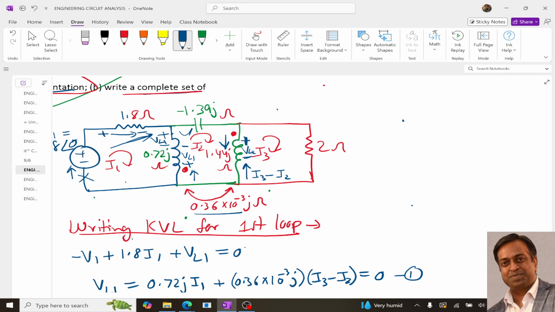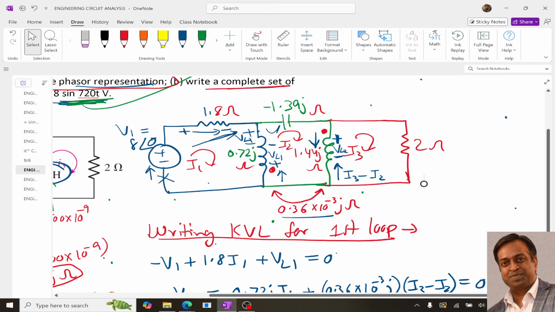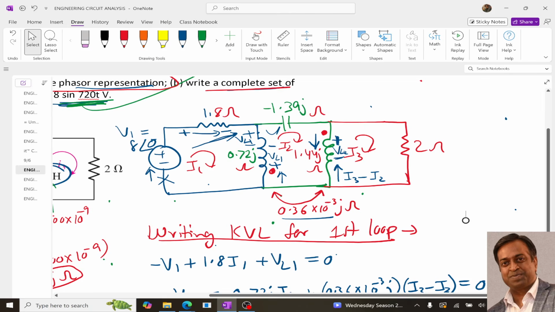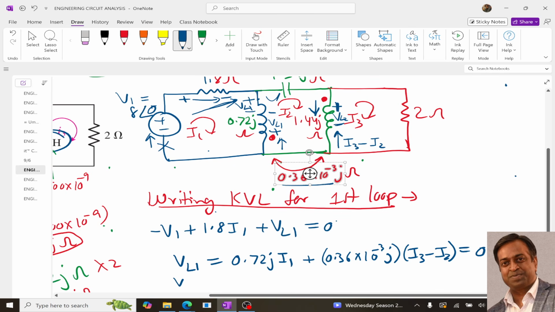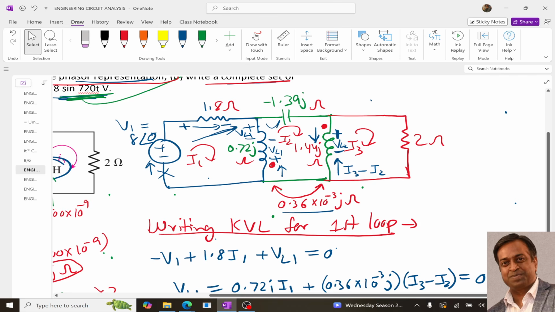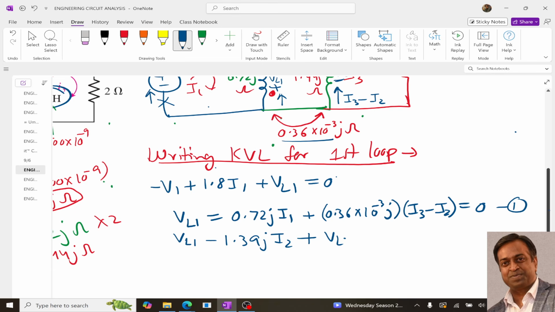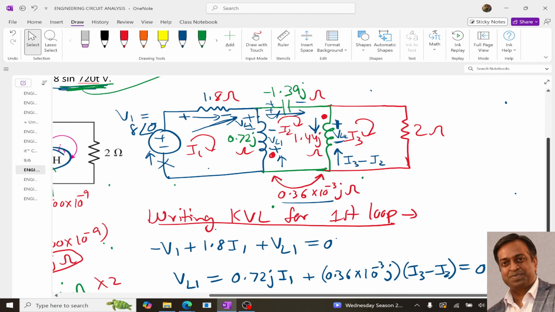So applying KVL for the second loop, it will be VL1 plus I2 times minus 1.39 J, plus VL2.